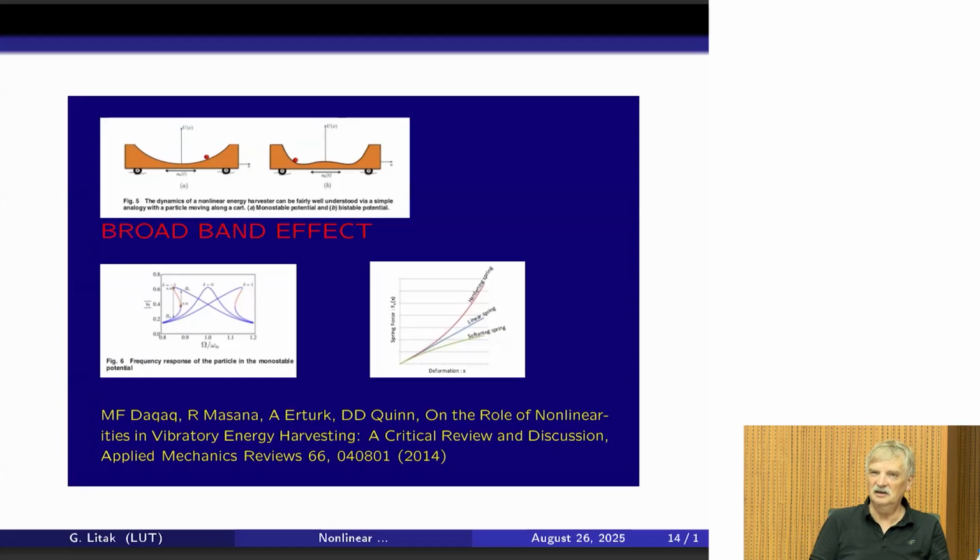So I just plotted this curve by myself to explain this inclination, which was assumed by this paper, Takak, Masana. So this is some simple explanation.